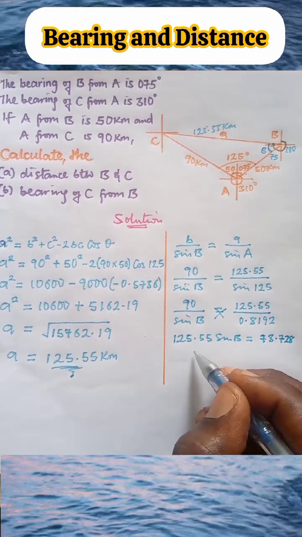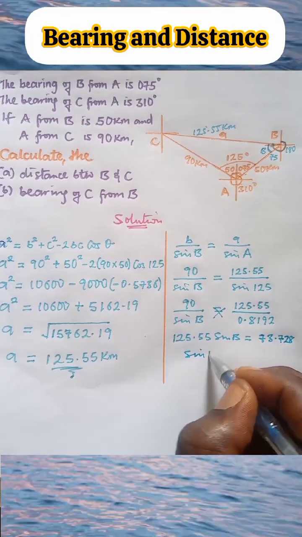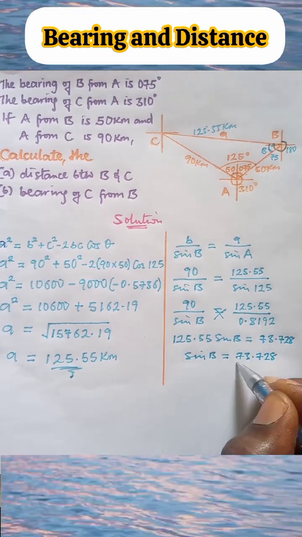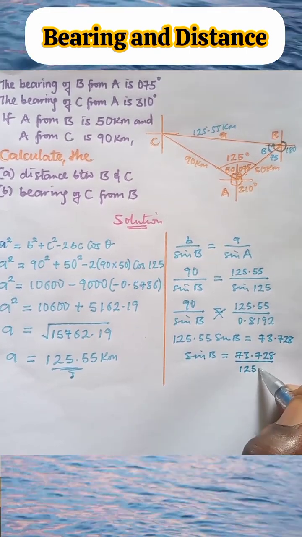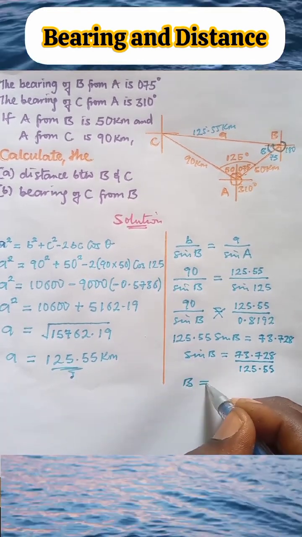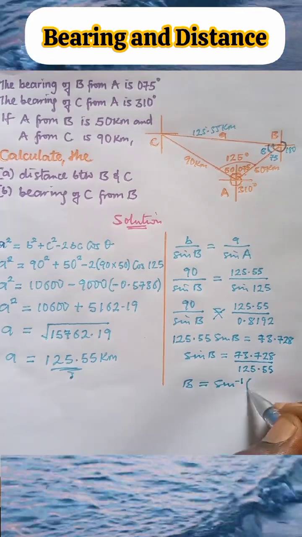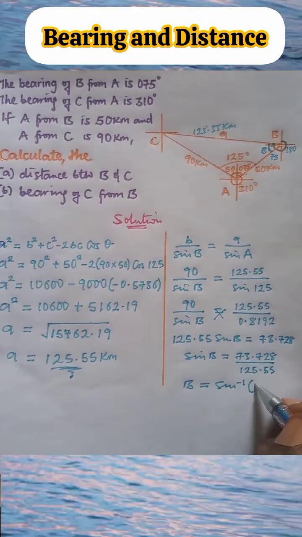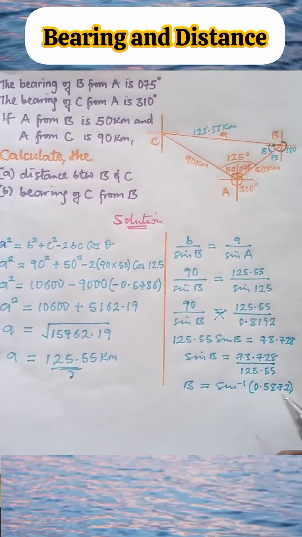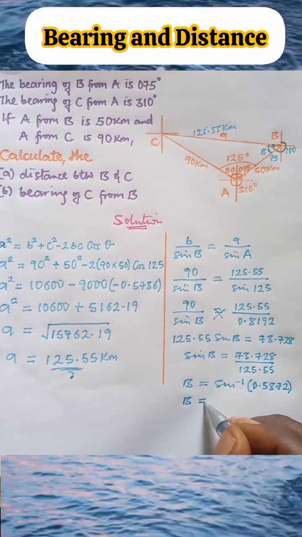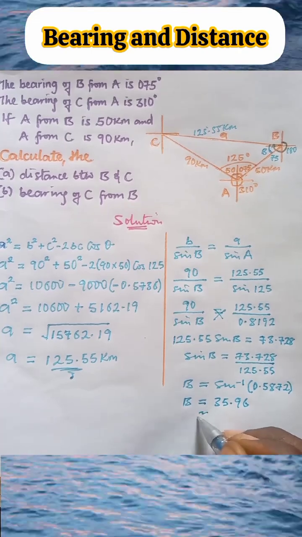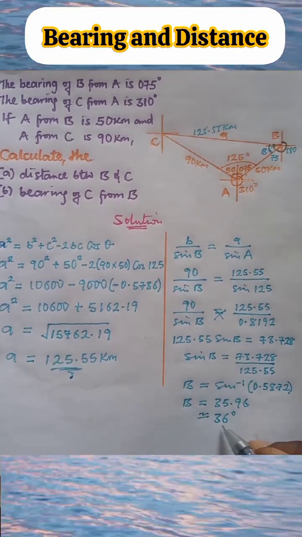If we divide both sides by 125.55, we have that sine B equals 73.728 divided by 125.55, so that B is equal to arc sine of, when you divide this, 0.5872. And when you calculate this using your calculator, we have that B is equal to 35.96, which is approximately 36 degrees.